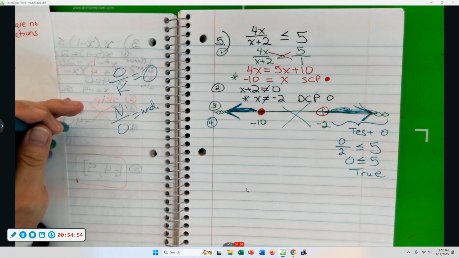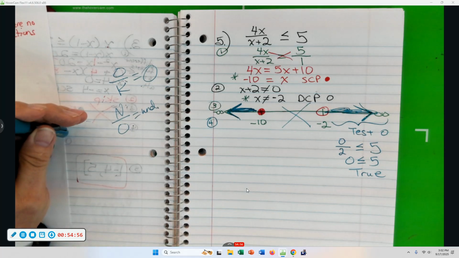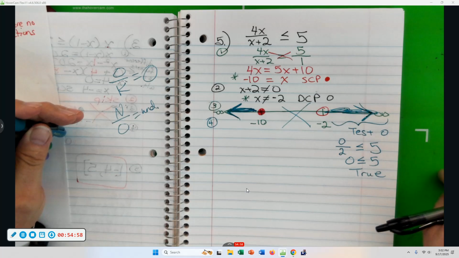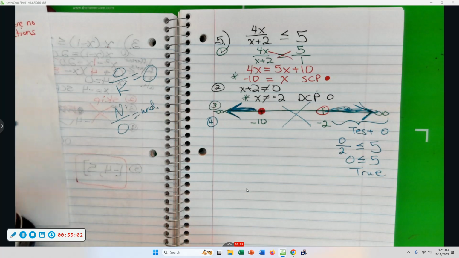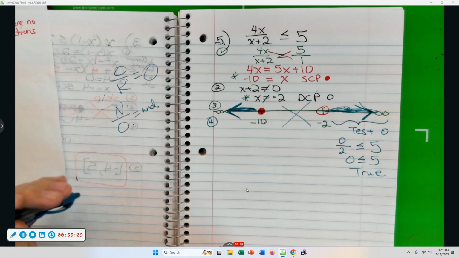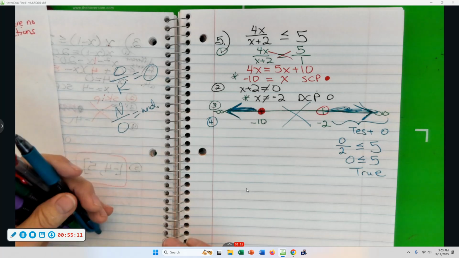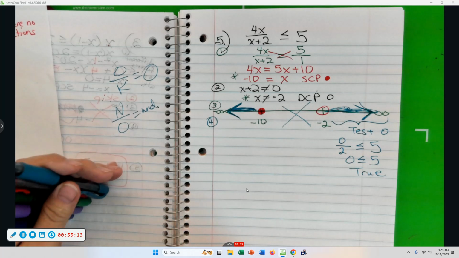If they'd only checked one interval testing 0, they would have gotten that one right and assumed the alternating pattern. You have less of a chance of messing up if you only test one interval when you're able to do that. And you know when you can do it? When there's no repeated factors.